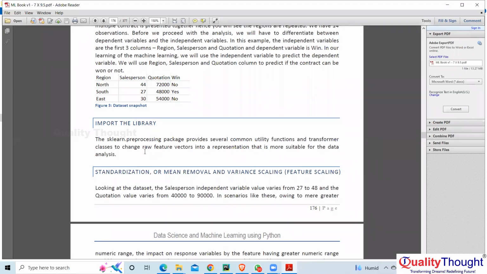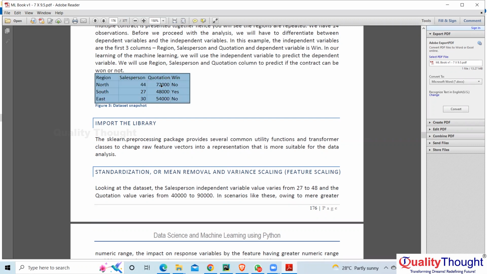So standardization, I told you, is done to make sure that the data we are talking about are in a similar range. For example, in this example which I have here, you have salesperson, which is a 2-digit number, and quotation, which is a 5-digit number.